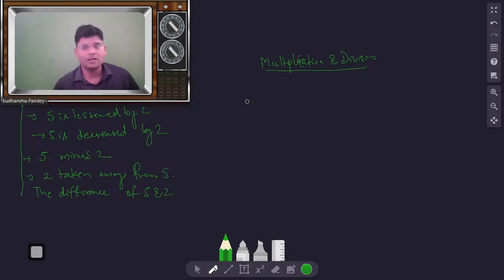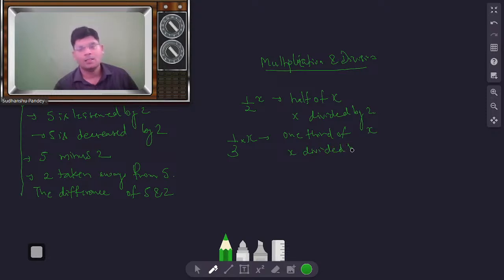So if I write 1 by 2 x, I can write half of x, or I can also write x divided by 2. Alright? So 1 by 3 into x can also be termed as 1/3 of x, or I can also say x divided by 3.